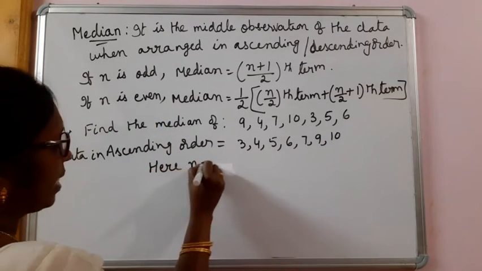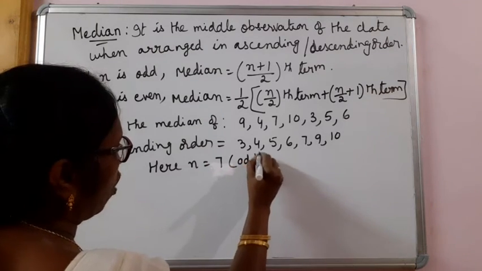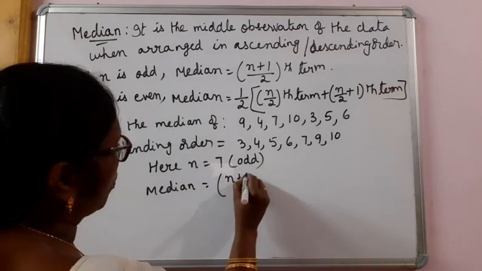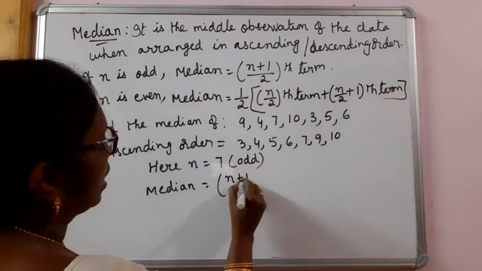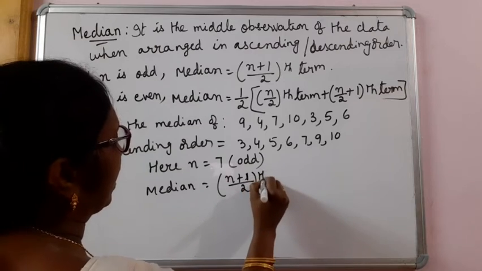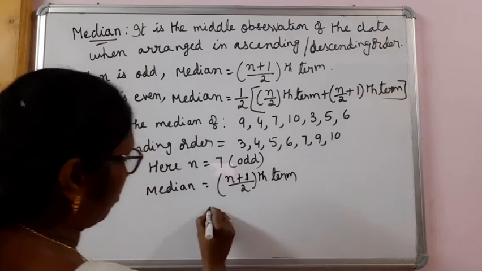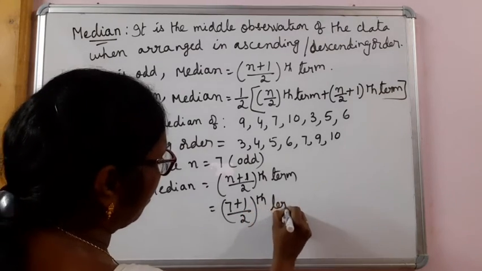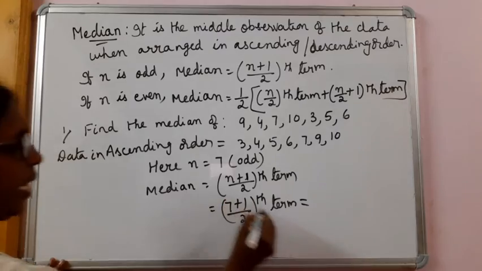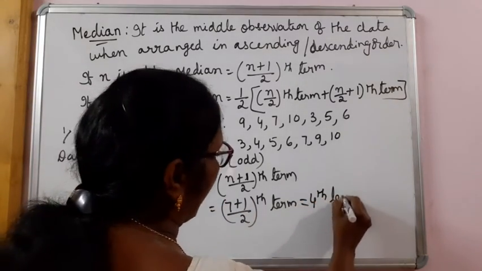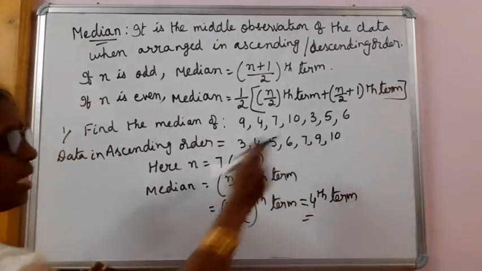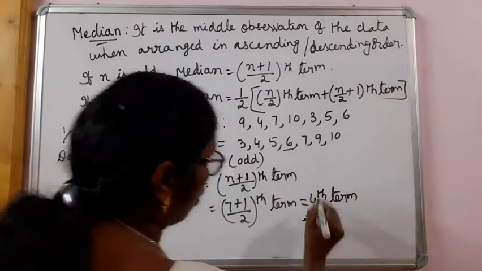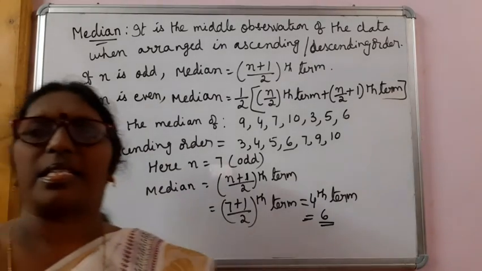Here n is equal to 7, that is odd. So the median, as you have already learned, if n is odd, is the (n plus 1) by 2 th term. So 7 plus 1 is 8, 8 by 2 is the 4th term. In this given data, which is arranged in order, the 4th term is 6. So the median of this data is 6.